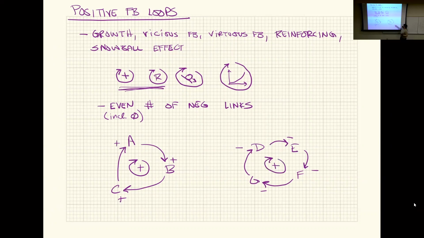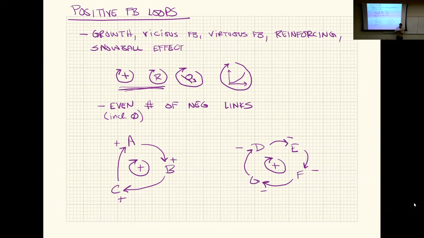So here we have 4 negative links, but since it's an even number, the ultimate effect of all of these opposite relationships is that by the time the feedback gets back to the variable, it's in the same direction again. And so that's what makes this a positive feedback loop.